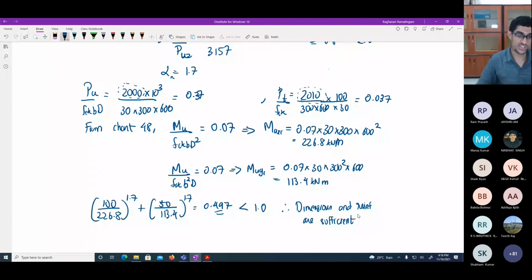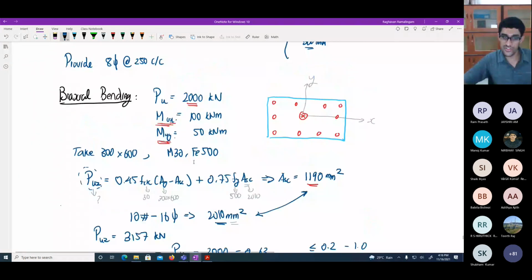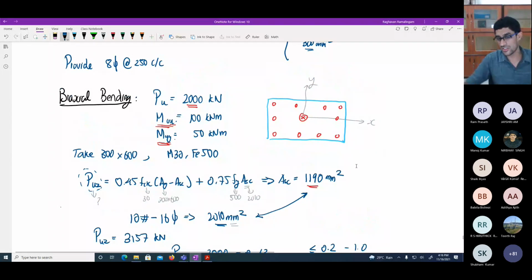It's sufficient as long as you have this with you. So this is how you design a biaxial bending problem, where a lot of it depends on the initial assumptions and the initial dimensioning that you make.